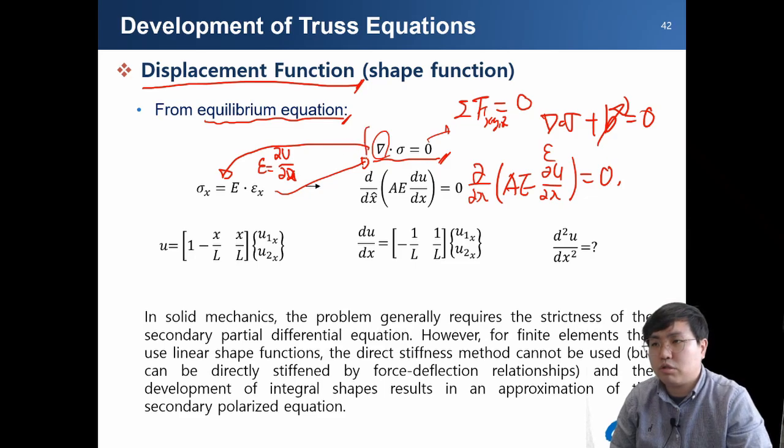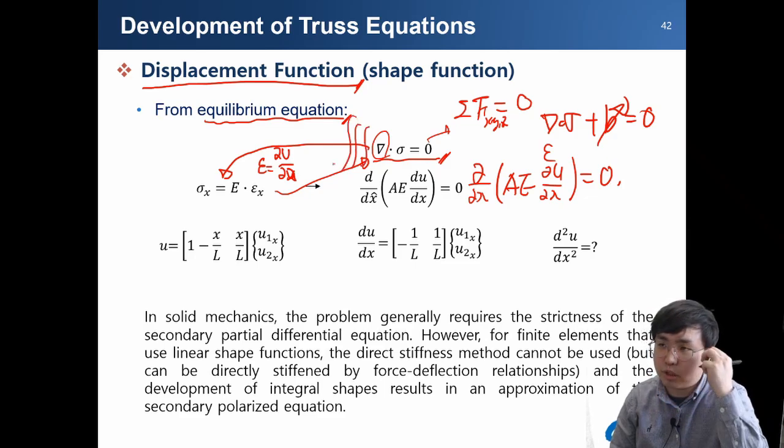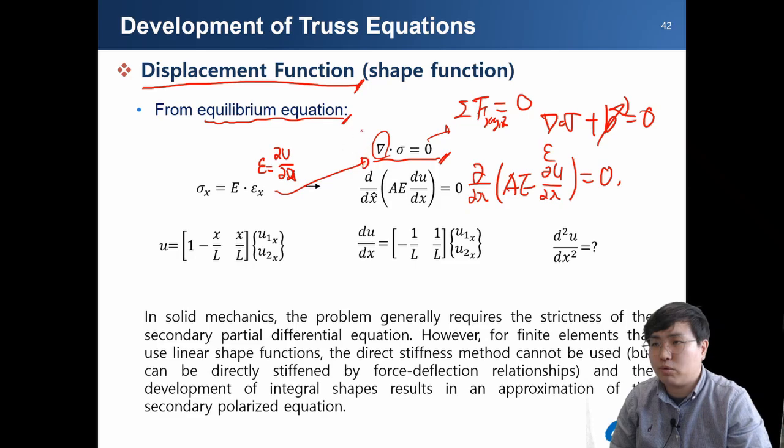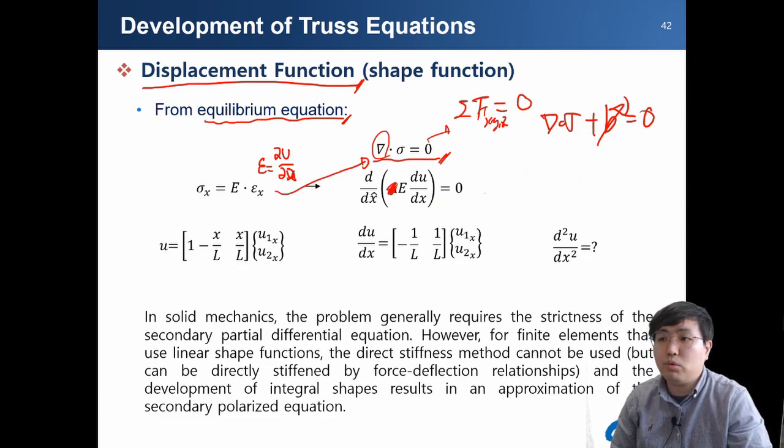To match this equation, we should consider the volume integration. Although the cross-section area is always constant, we need some multiplication by the cross-section. However, if this value is constant as a function of x, you don't need to consider this part. Also, if Young's modulus is a constant or a function of x, we don't need to consider that anymore.